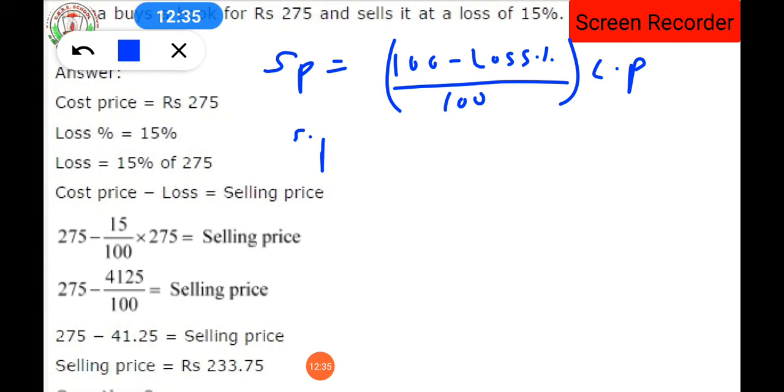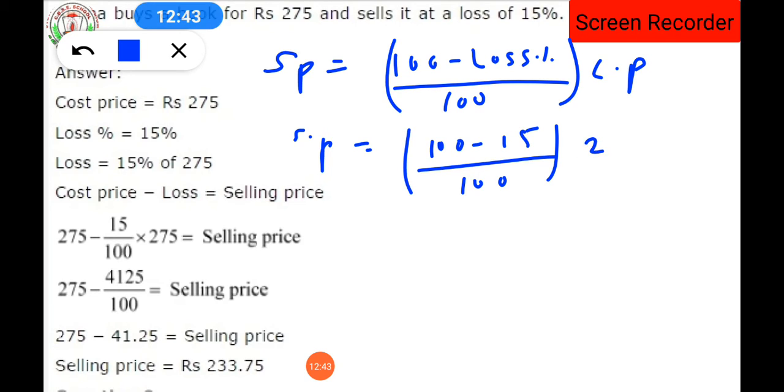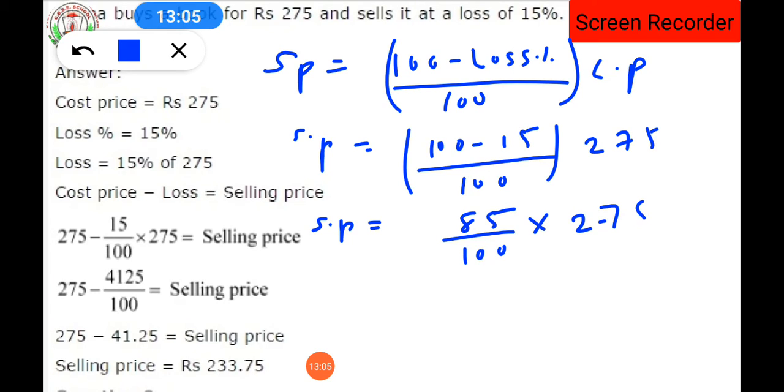So here SP equals 100 minus 15% upon 100 into CP, which is 275. So 100 minus 15: 100 minus 10 equals 90, 90 minus 5 equals 85, isn't it? So SP equals 85 upon 100 into 275.